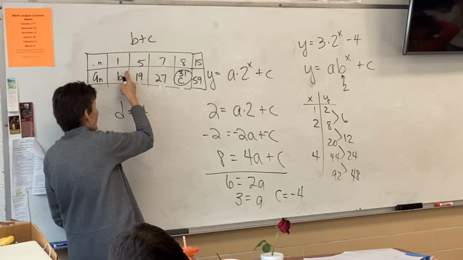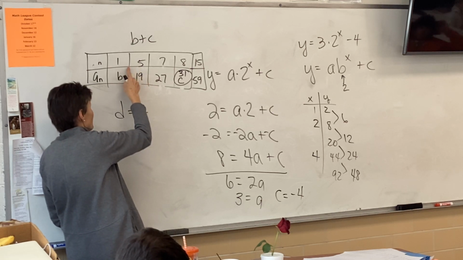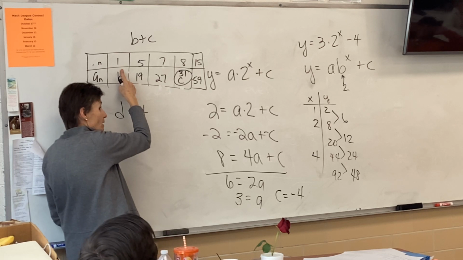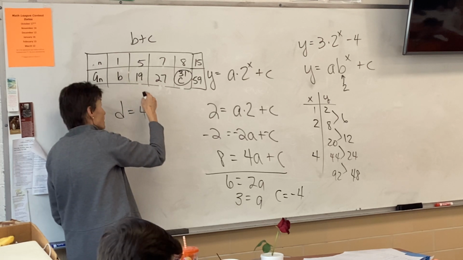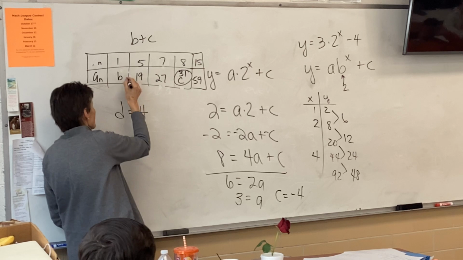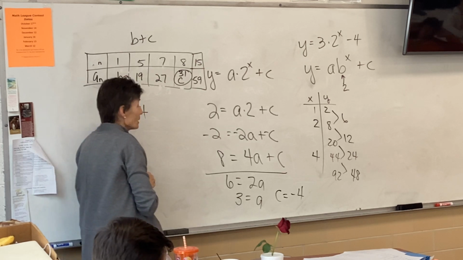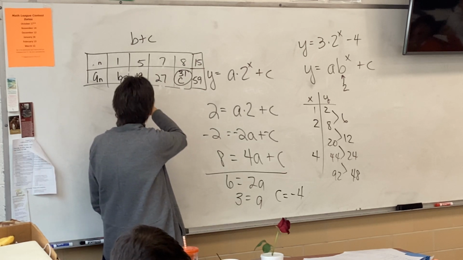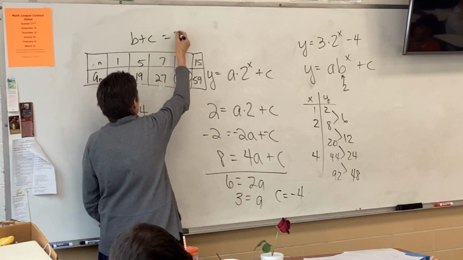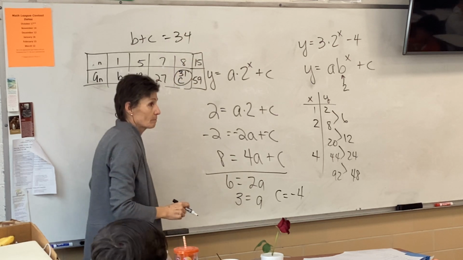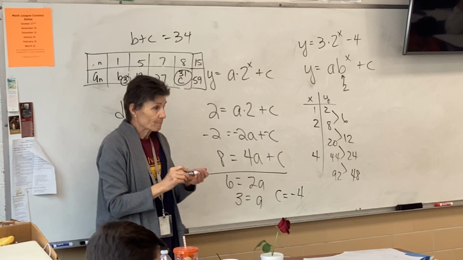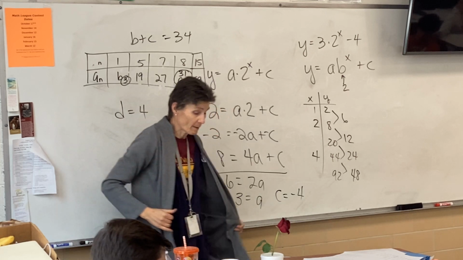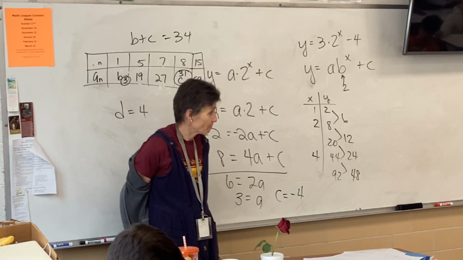How many times would I have to subtract 4 to get from the 5th term back to the 1st term? 4 times. So 4 fours is 16, so this must be 3. So I want to know B plus C, so the answer is 34. Right? Easy. If you remember what it means to be arithmetic, that is not bad.